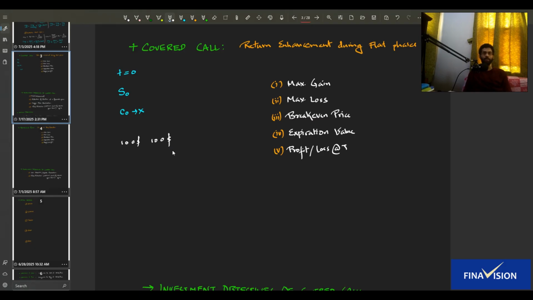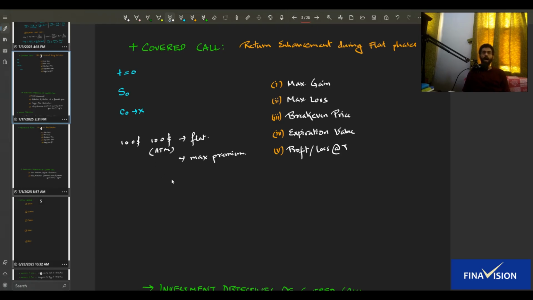One, the investor believes the stock is going to remain flat, that is, there will be very low volatility. And second, there is maximum premium earning in this kind of setup, because at-the-money options have the highest premium. So this can be the objective of an at-the-money covered call.